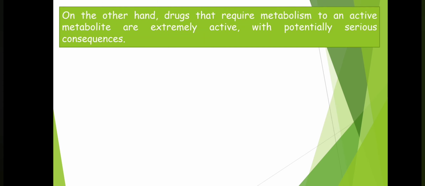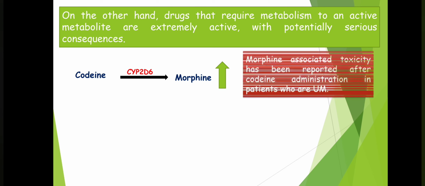On the other hand, drugs that require metabolism to an active metabolite are extremely active with potentially serious consequences. An example of this is codeine, which is converted to morphine by the enzyme CYP2D6 through an O-demethylation reaction to provide the analgesic effect. But what happens is, the ultra rapid metabolizer will rapidly metabolize codeine into morphine, resulting in increased blood level of morphine.